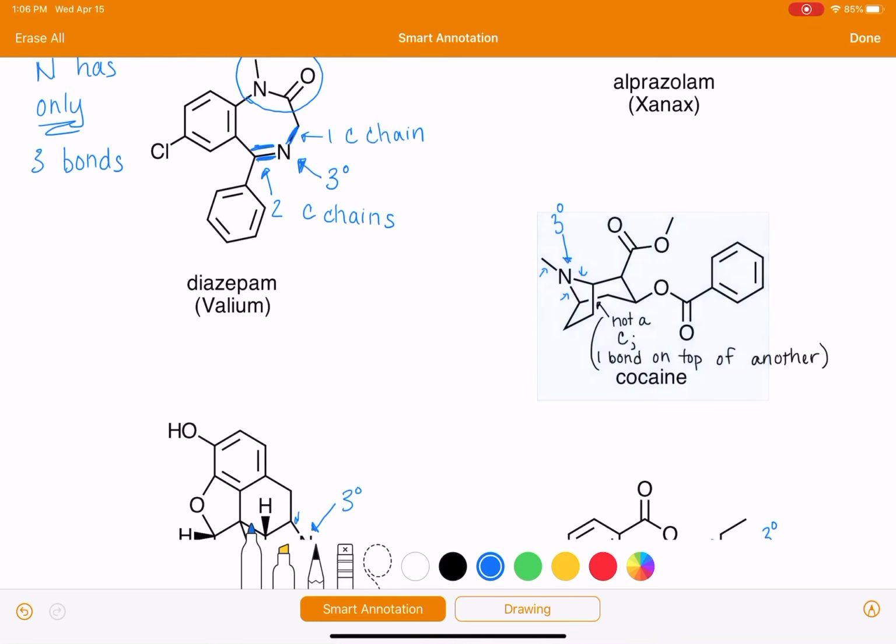And then, like I said, let's count up the carbons. 1, 2, 3, 4, 5, 6, 7, 8, 9, 10, 11, 12, 13, 14, 15, 16, 17. It's a lot of carbons.